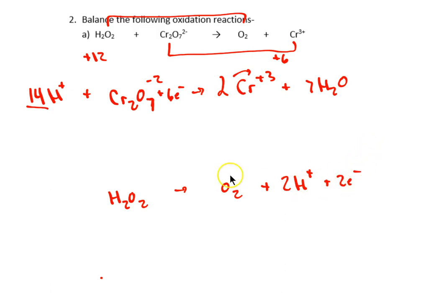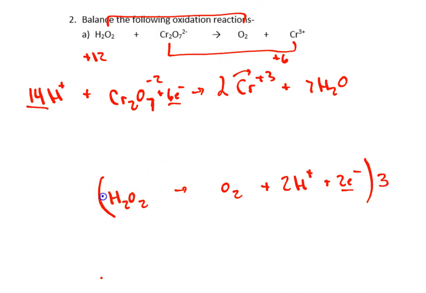All right, then I need to do what to this bottom part? Not by 6, by 3. I need it to both equal 6 electrons. So 2 times 3 is 6 electrons. You okay with that? I'll put that in here.